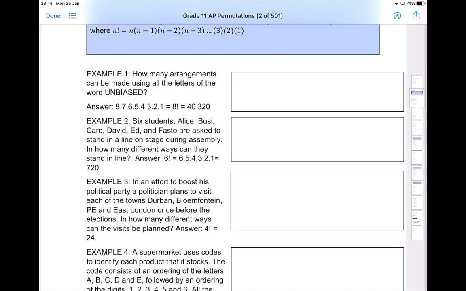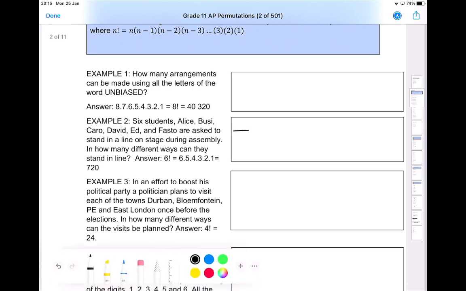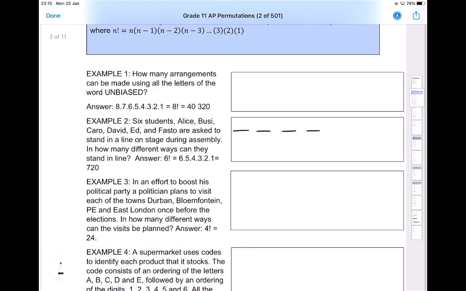So there are 6 students. It will help you to think like this. I know that you can tell that the answer is 6 factorial, but there are 6 people here, which means there are 6 positions that have to be filled up. The first position can be taken up by any one of these 6, so there are 6 different ways to fill it.